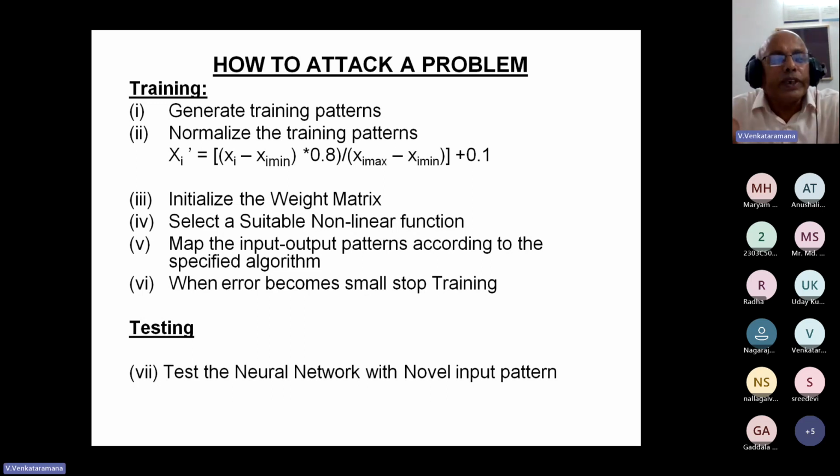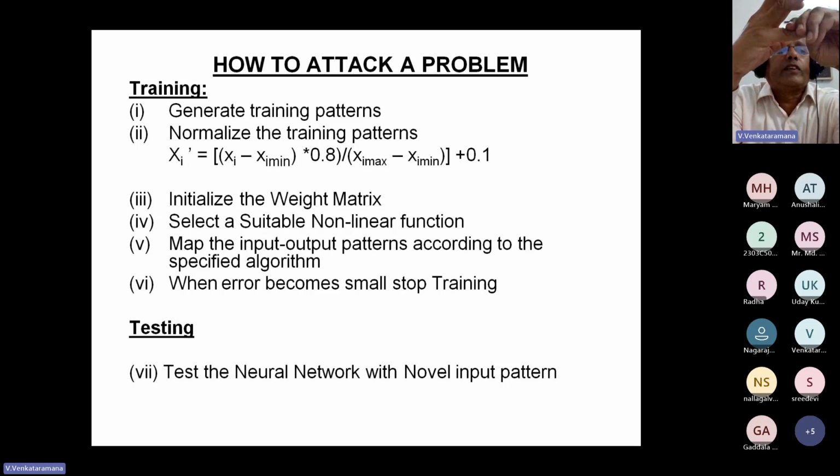And second point: most of the time in electrical engineering, our data, voltage or capacity, we talk in terms of megawatts and kilovolts. But the weights we consider are very small, within plus and minus 0.1 or 0.25, 0.5, like that. If your values are very large, in kilovolts and megawatts, and the weights are small, the network may not learn.